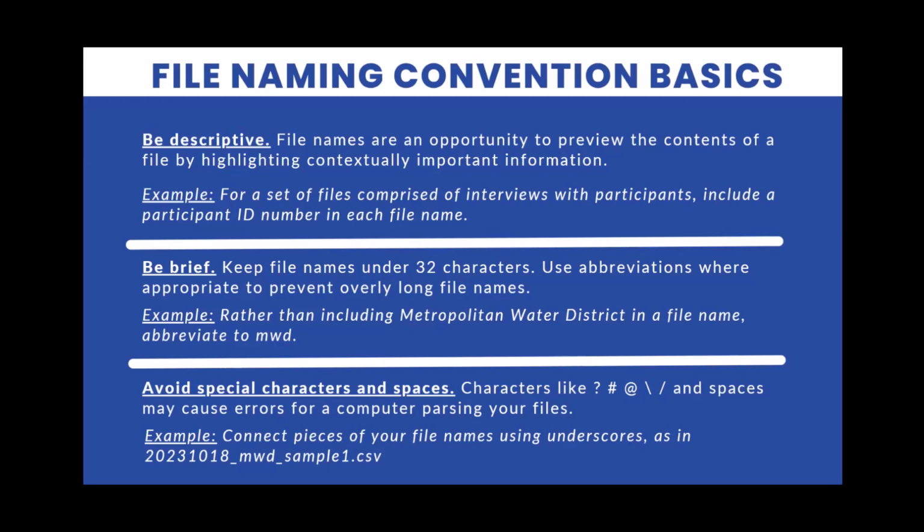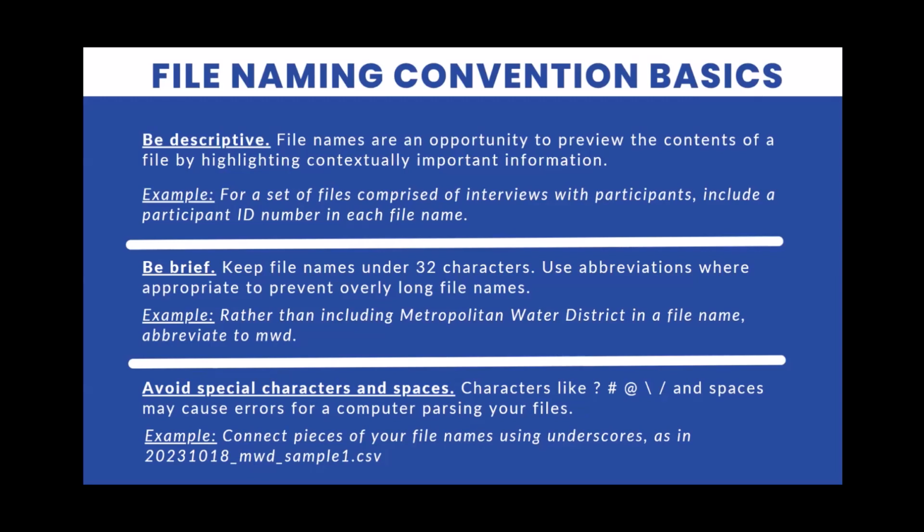It's also important to have file names that you're keeping brief. As a general rule, it's good to keep them under 32 characters long and to use abbreviations. The reason behind this is if you try to fit a lot of different pieces of information into a file name and those file names get very long, then they'll get cut off in your file explorer on your computer.